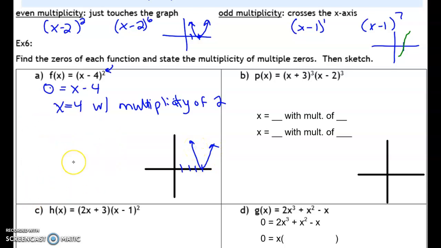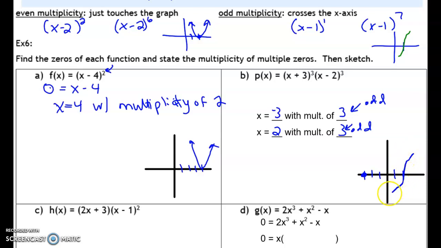All right, let's look at the next one. So again, just set them equal to 0. So our first 0 was negative 3 with multiplicity of 3. Second 0 would be 2 with multiplicity of 3. Since these are both odd, that tells me the graph is going to go through at those points. So we have a 0 at negative 3 and a 0 at 2.